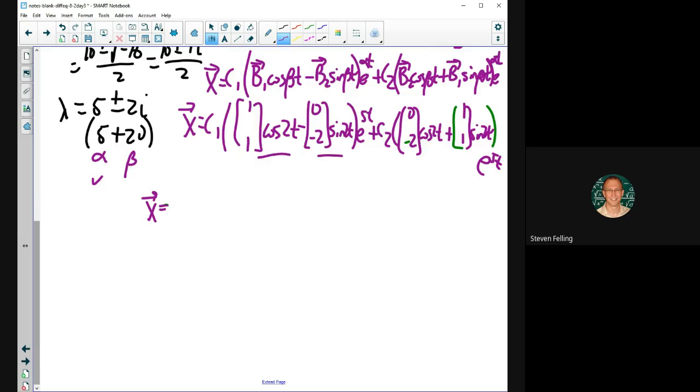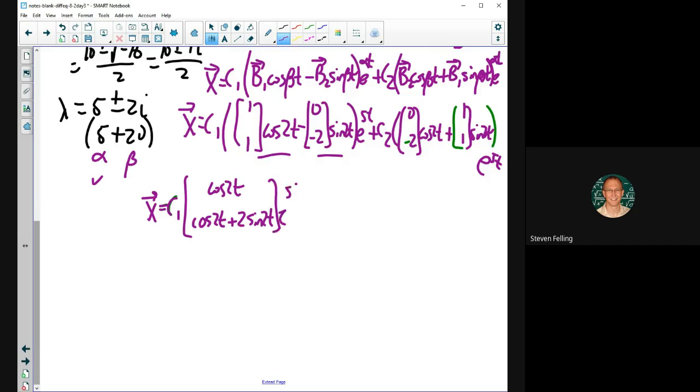So you might see something like this: C1, and then we'll have a vector, where on the bottom it's going to be 1 times cosine 2t, minus negative 2, so plus 2 times sine 2t. And in the first row, it's 1 times cosine 2t plus 0 times sine, or minus 0 times sine.